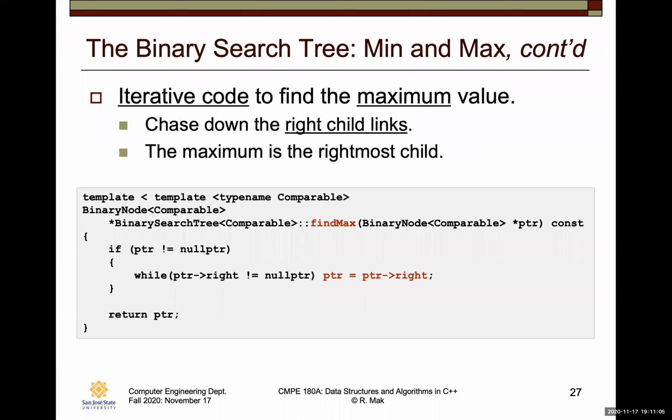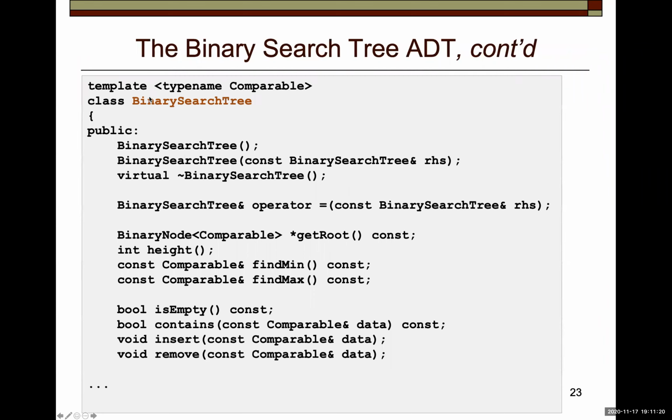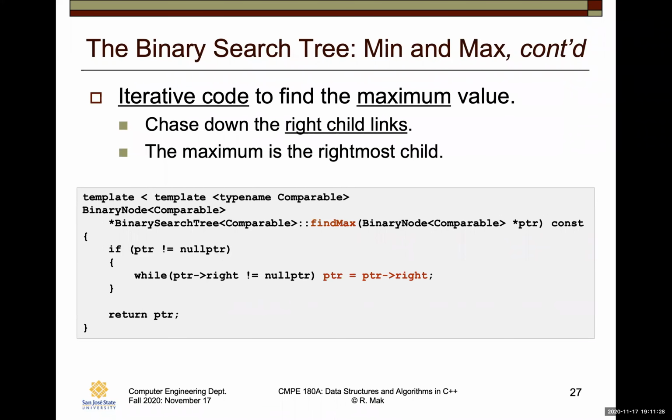It's going to return a pointer to the node, so there's a star, and then we have to qualify find max, because find max is a member function of this class. So we have to qualify it. The name of the class is binary search tree, parameterized by comparable, and that is the qualification of find max.